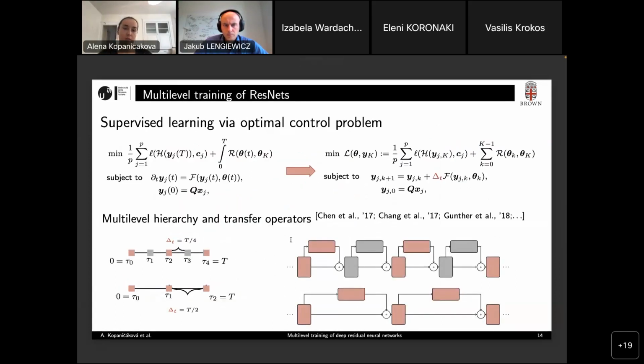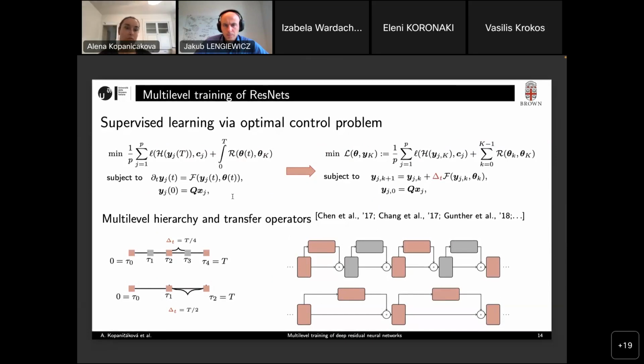The multi-level hierarchy and transfer operators have to be built with information regarding our problem. So here we focus only on training of ResNet. So we consider our continuous optimal control problem, which we obtain by taking into account the dynamical system viewpoint.